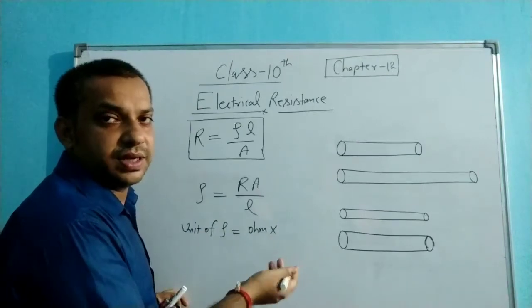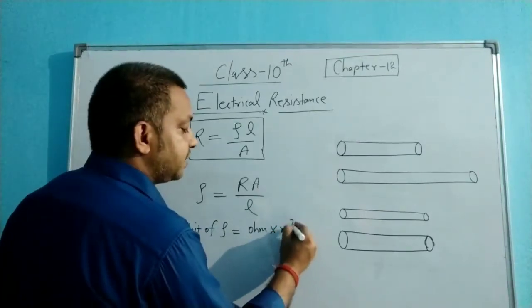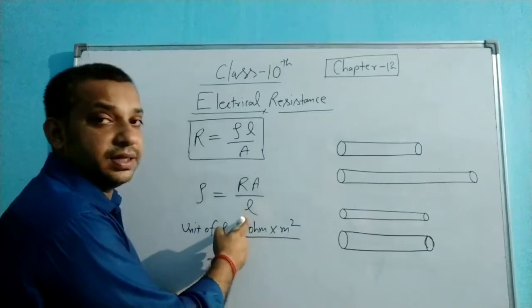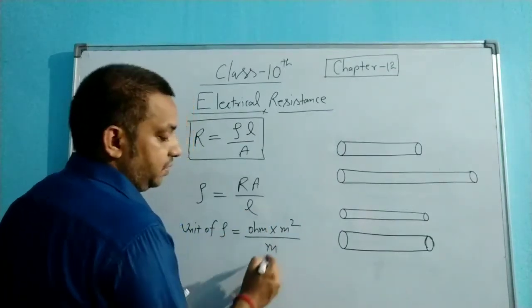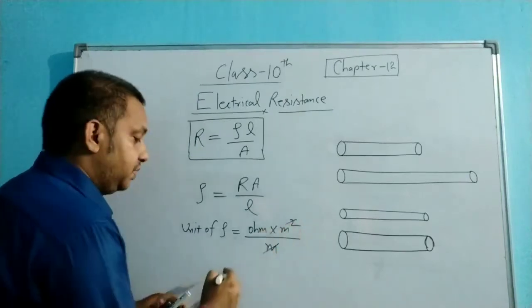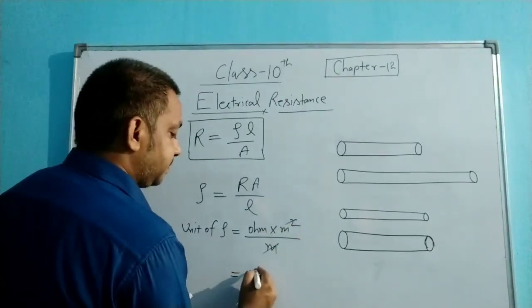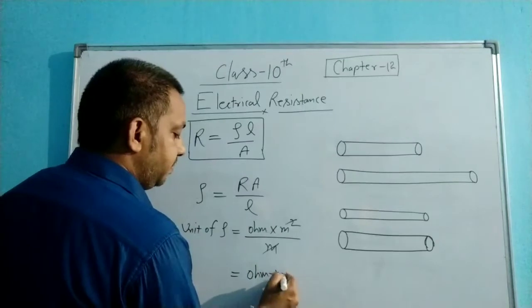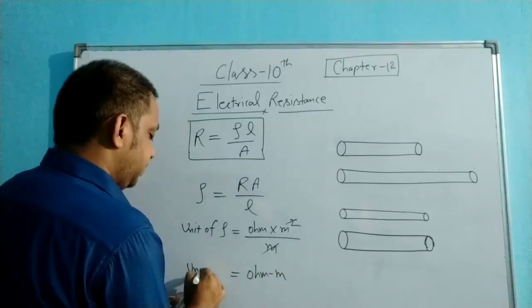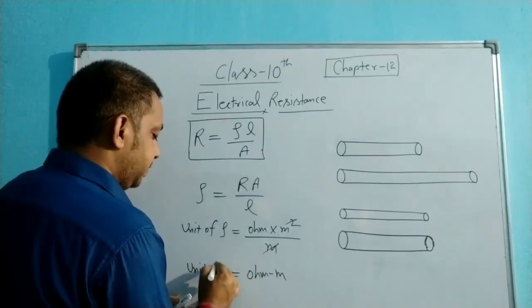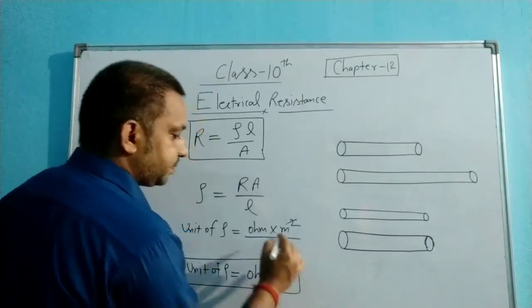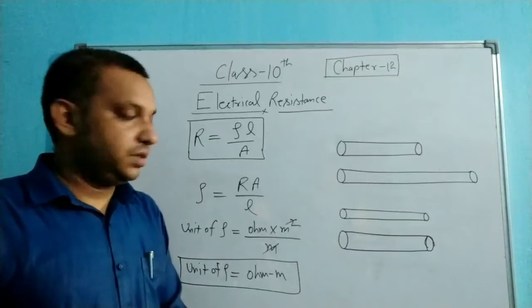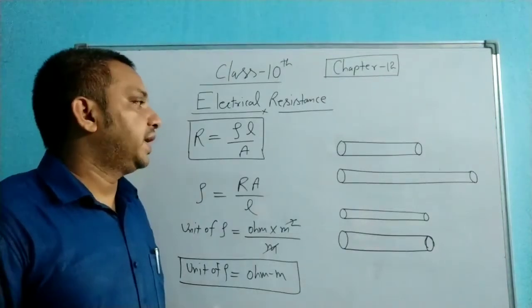It is a kind of area, so it is meter square in the MKS system, divided by length. And what is the unit of length in the MKS system? It is meter. So one meter gets cancelled out, and you will get ohm meter. So this is the unit of specific resistance, ohm meter.